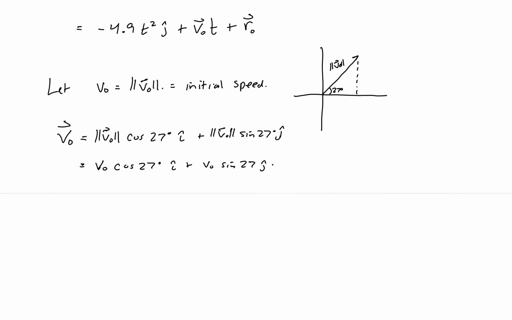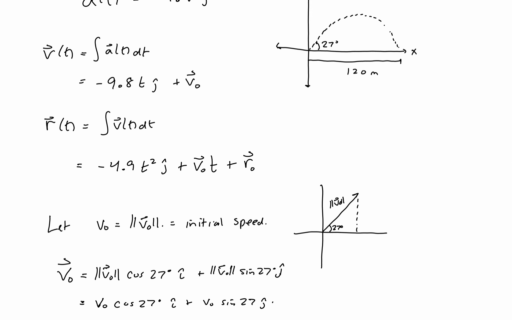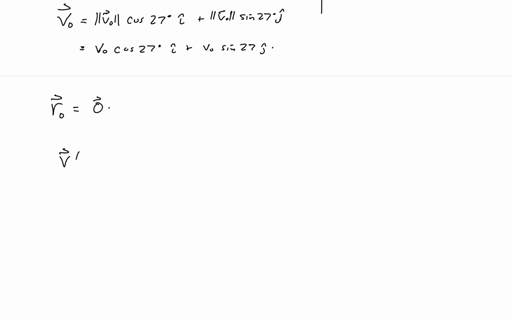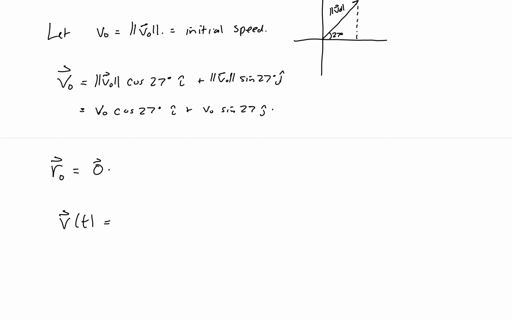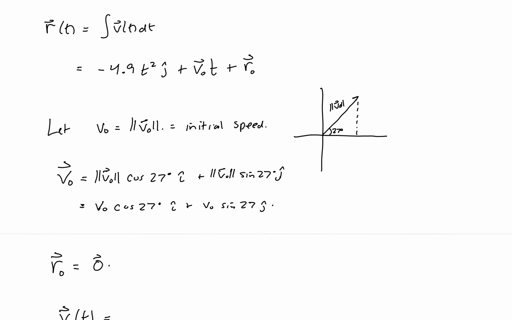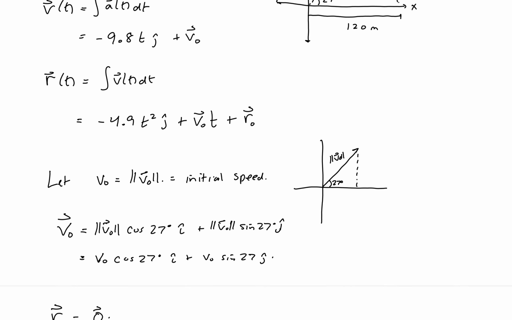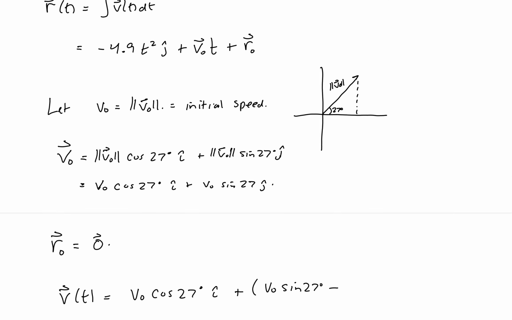And then our initial position, the way we chose our coordinate system, is equal to 0. So our initial position is just the 0 vector. So now we have everything we need. Our velocity, we can combine these things. The i component is v0 cosine of 27 degrees, and then the j component is v0 sine of 27 degrees minus 9.8 t.